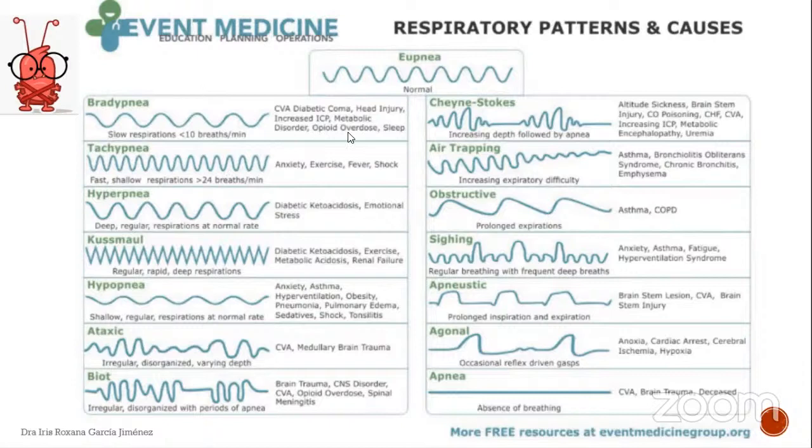And you have a list of the causes that could lead to each respiratory pattern. Please read all of this, it's very important. Check the correct vocabulary and don't forget to check the way to write it down.